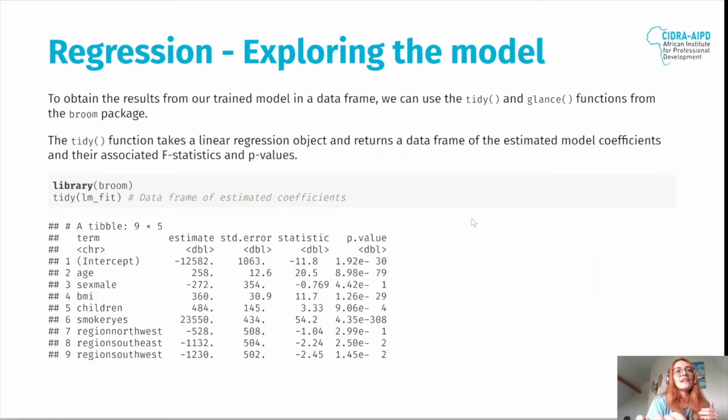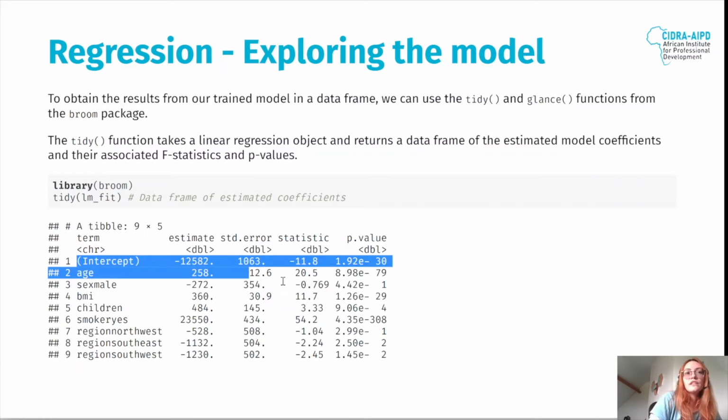So if we look at the tidy function here, if we apply it to the lm fit, so the model trained on our training data, what it's going to give you is the estimated model coefficients, their associated statistics, and the p-values.